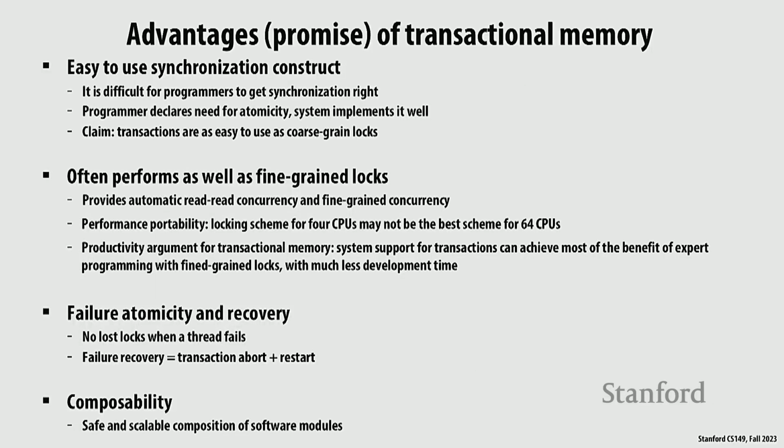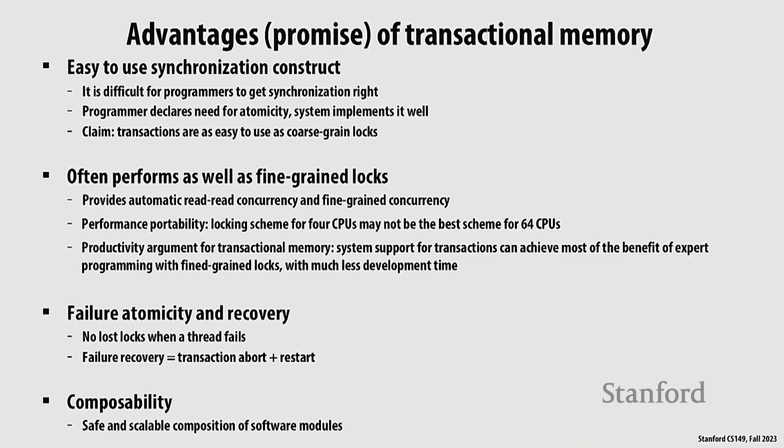And so the idea is that transactions are as easy to use as coarse-grained locks, but potentially could give you the performance of fine-grained locking. Okay? And so, instead of you, the programmer, having to worry about how to implement the details of a fine-grained locking scheme on a complex data structure, such as a tree or a doubly linked list, you let the system do the work for you and give you high performance.